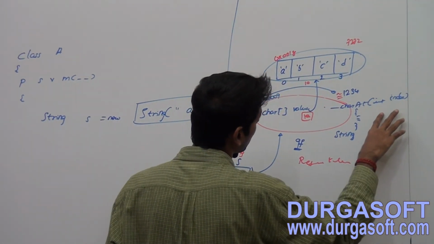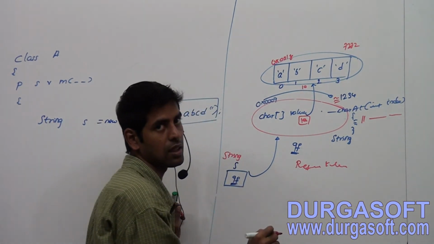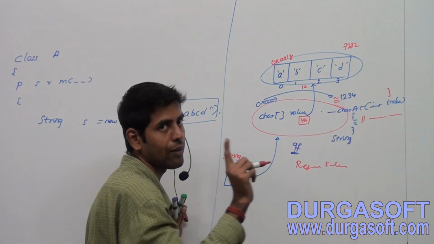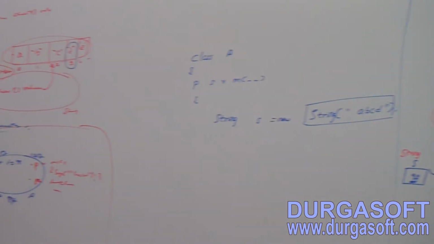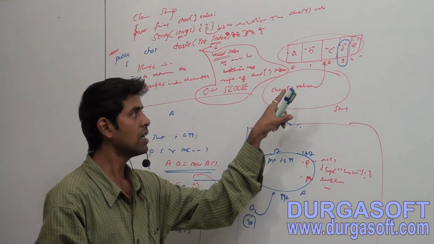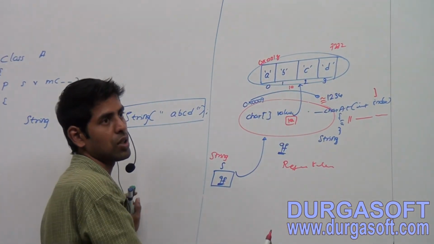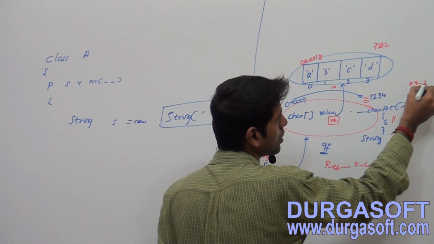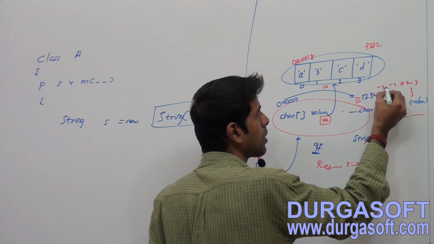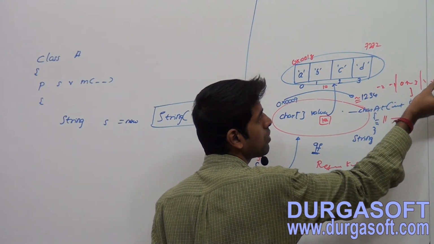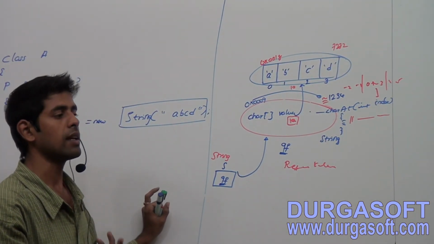It will be available here with some logic to return the character at the index, and the argument must be a valid index, that is, it must be within the range of the char array index, which in our code is 0 to 3. So here you have to pass 0 to 3 only. If you pass -1, -2, or if you pass 4, 5, 6, it will give a StringIndexOutOfBoundsException.